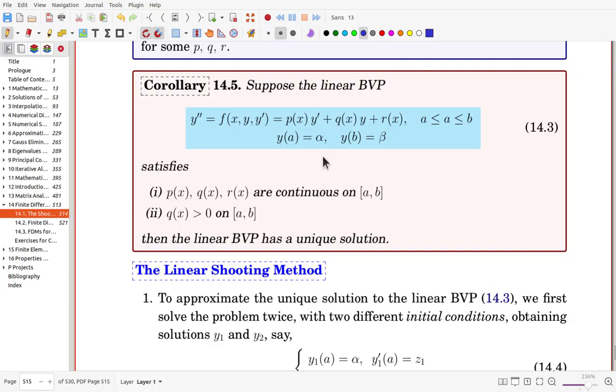Then quite easily we can see this whole thing is continuous. Right?